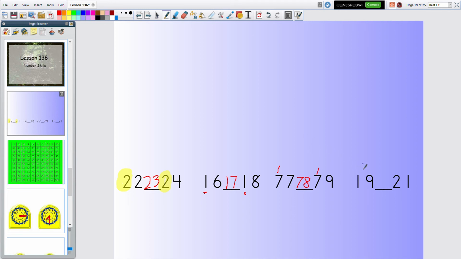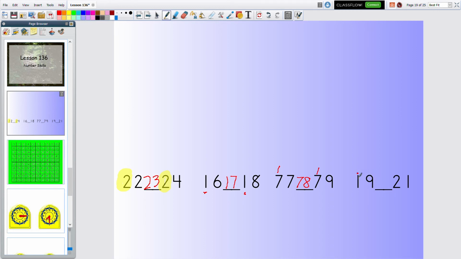Over here, it's a 1, so it starts with a 1, so that makes that a teen. But this isn't a teen, so it's going to change somewhere in there. So, let's see. This is the very, very bottom of the teen family.